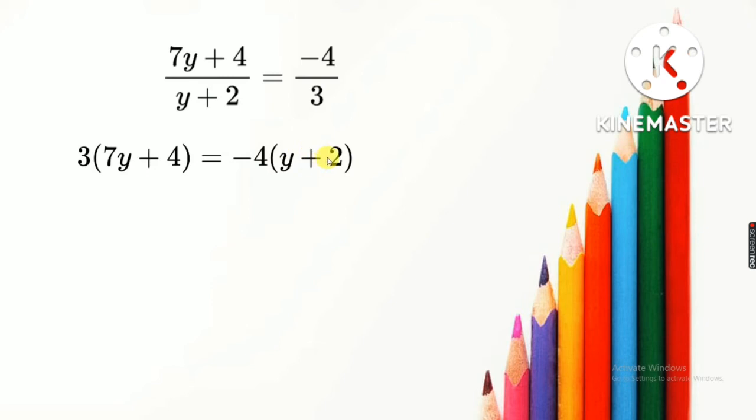Now we would solve these brackets. 3 would be multiplied with 7y and 3 would be multiplied with 4. Applying the distributive property, we got 21y, 3 7s are 21, so 21y plus 3 4s are 12 is equal to minus 4 multiplied by y, we got minus 4y, minus 4 multiplied with plus 2, we got plus minus is equal to minus, so we got minus 8.